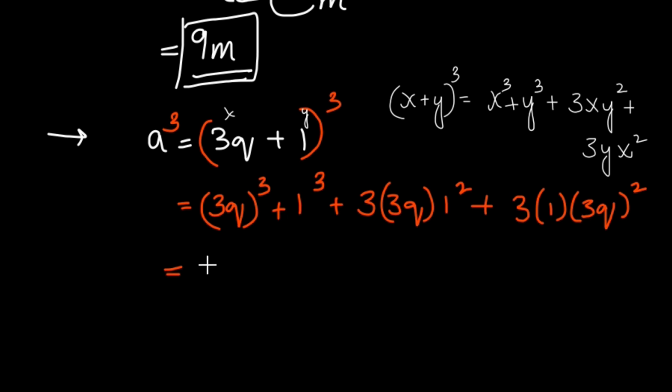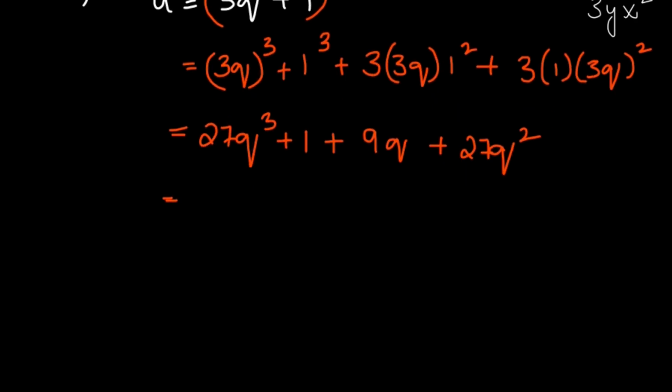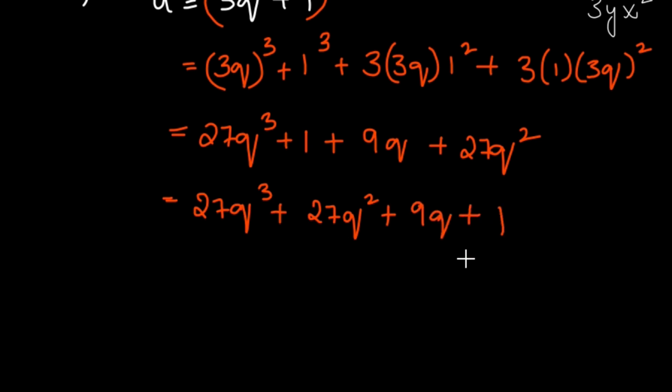This will give you 27q cube plus 1 plus 3 3s are 9q plus, this will give you 9q square, 9 multiplied by 3 will give you 27q square. Rearranging it, we get 27q cube plus 27q square plus 9q plus 1.